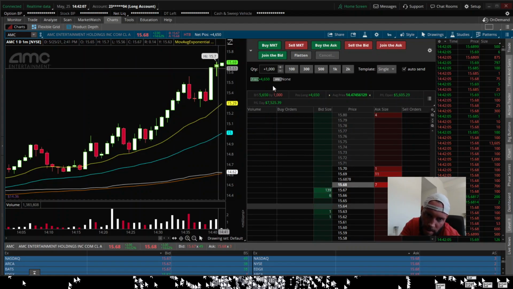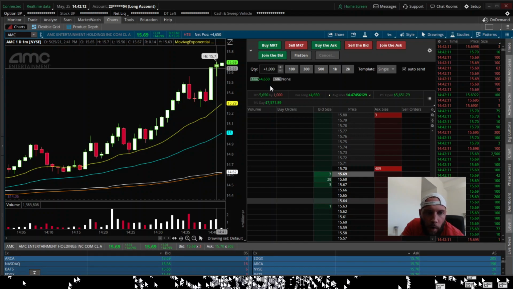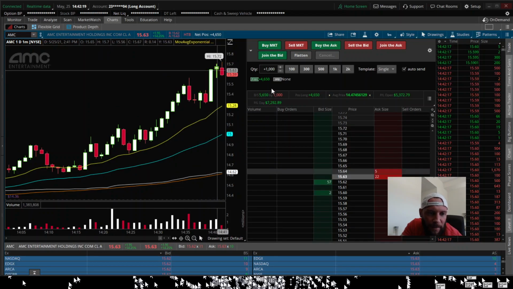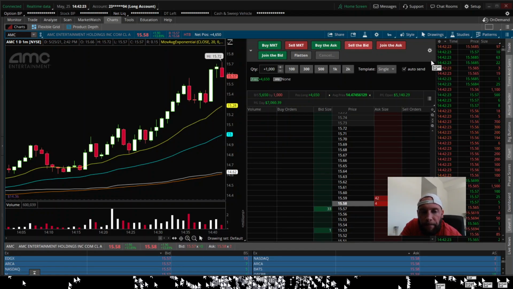You hover the mouse over that candle, and on the bottom left you can see the volume, exactly how many shares have traded.